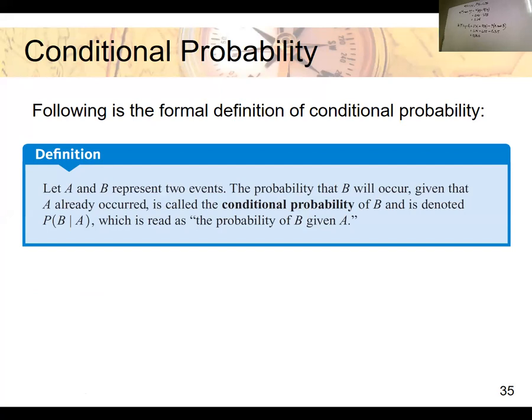The probability that B will occur given that A has already occurred is called the conditional probability of B. It's denoted by P with B, a vertical bar, and then A. That's the probability of B given A, or the probability of event B given that event A has already happened.